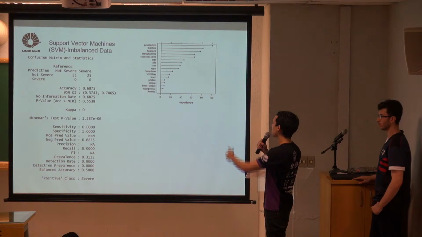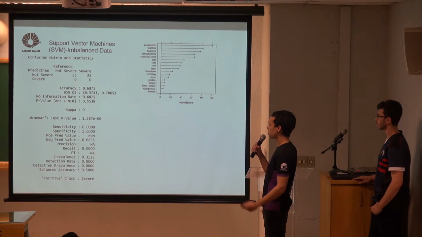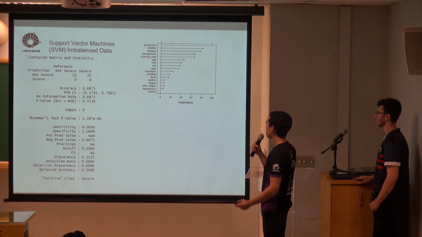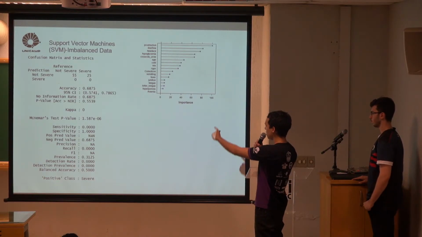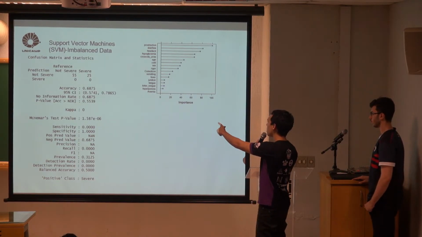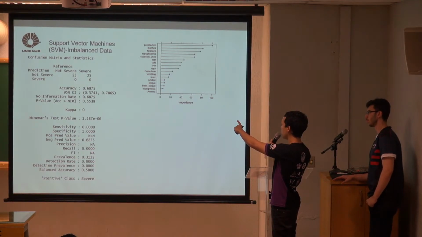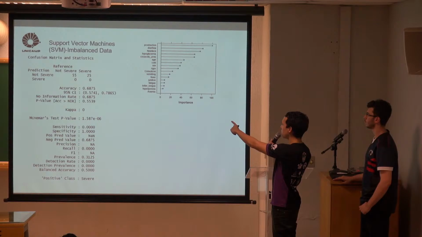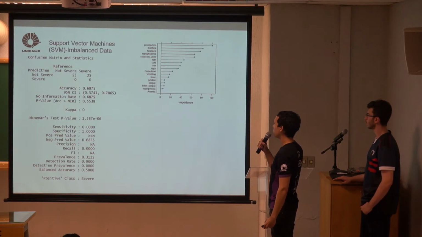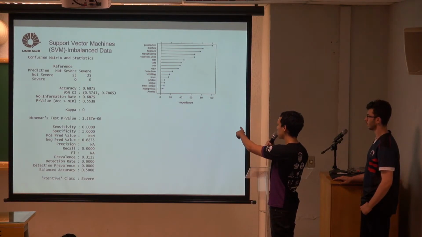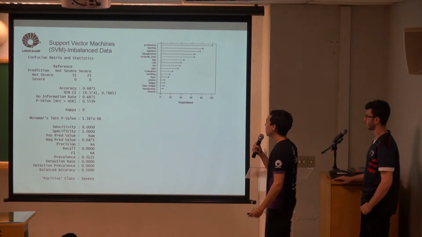The first one there is the confusion matrix, and the interpretation is that 55 is the true negatives, the 25 is the false negatives, the 0 under the 55 is the false positive, and the other 0 is the true positive.